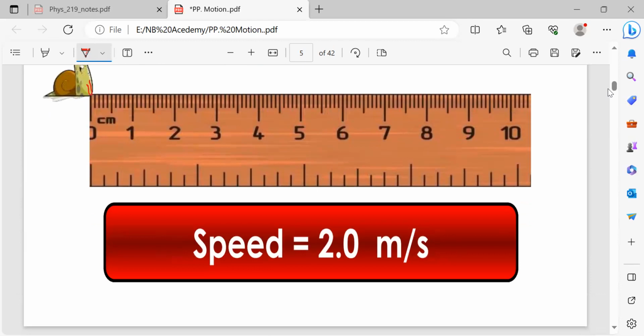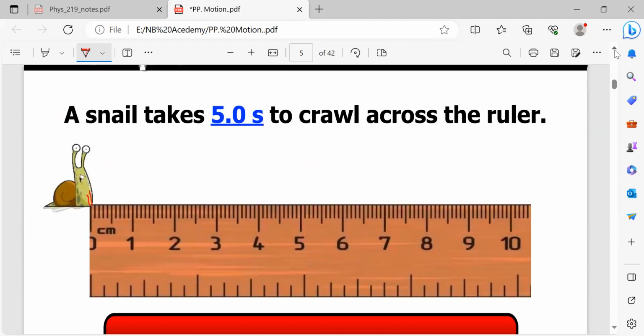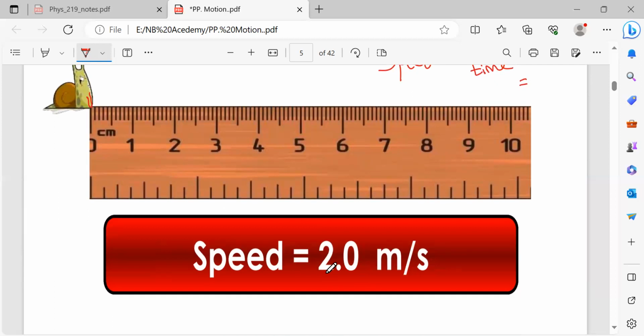So to find the speed, we're going to write speed equals distance over time. The distance here is 10 and the time is 5. So the answer is 2 meters per second.